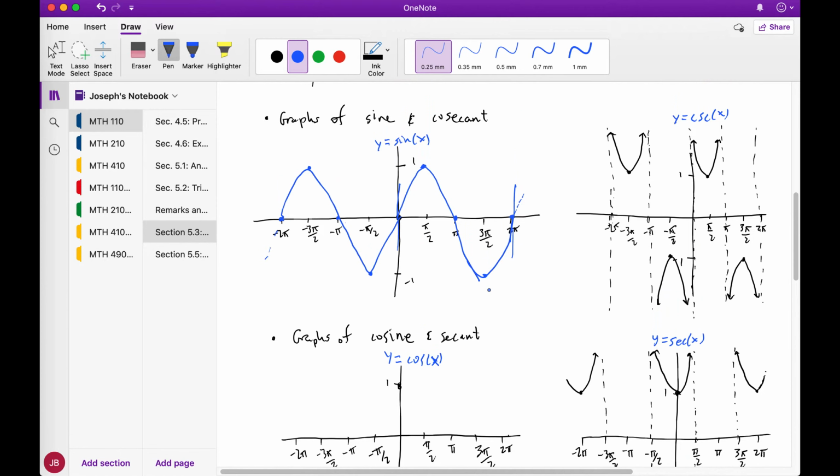Now, the graph of cosecant is, well, it's the reciprocal graph. So everywhere that sine has an output of 0, you're going to have a vertical asymptote because 1 over that is undefined, which we saw when we filled in the table, right? So here, sine has an output of 0, so we get a vertical asymptote right there on the axis.